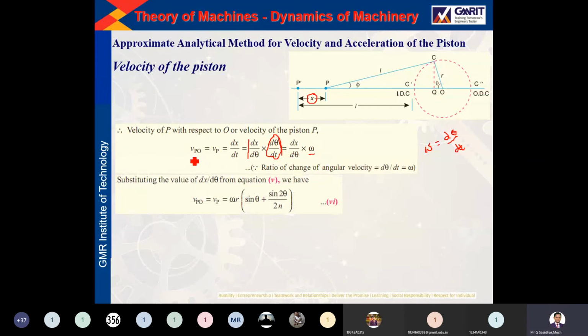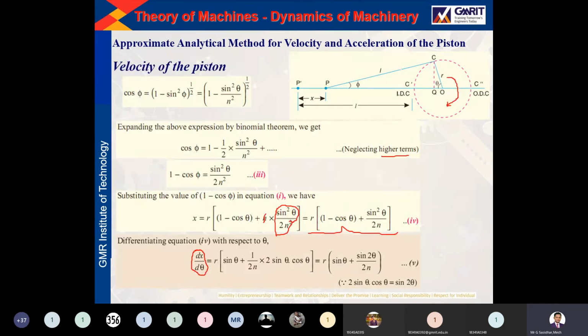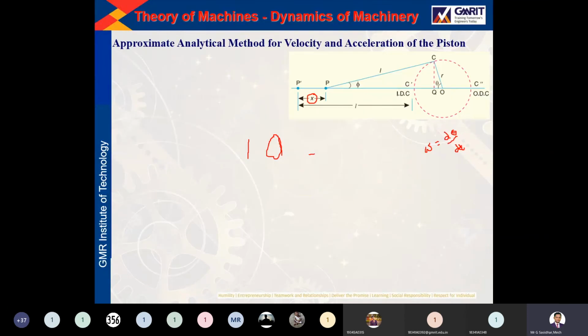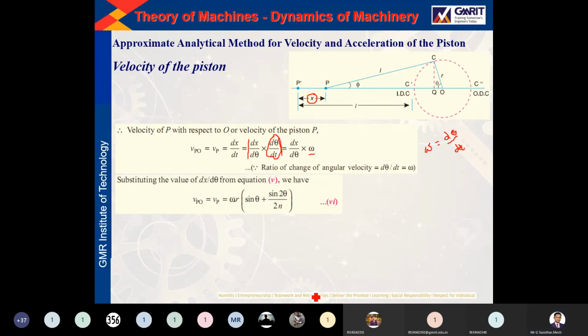It is simple concepts only. Now look at this velocity of the piston with respect to O, ground, Vp. I got omega into dx by d theta, and from the previous slide we know dx by d theta. How much we got? dx by d theta is r (sin theta plus sin 2 theta by 2n). So substitute here dx by d theta, and multiply with omega.